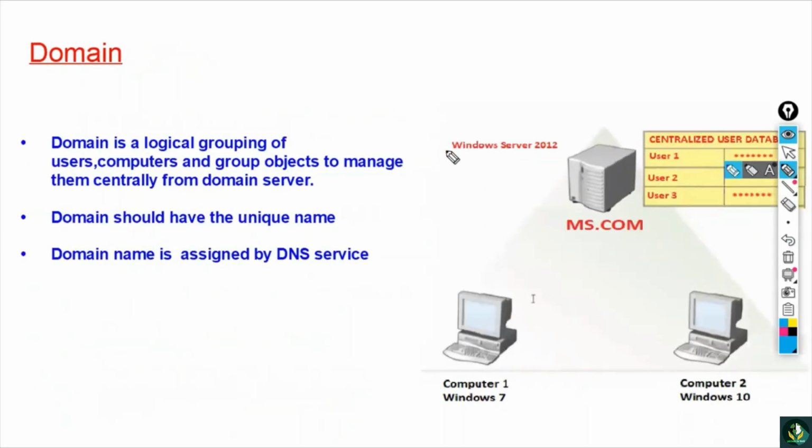So guys, we need to understand some terminologies. The first terminology is domain. What is this domain? Domain is your logical network. A domain is a logical grouping of users, computers, and group objects to manage them centrally from the domain server.